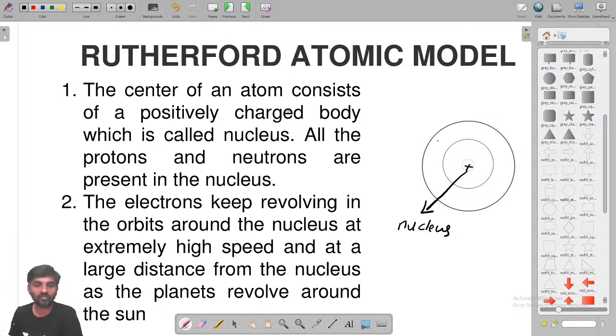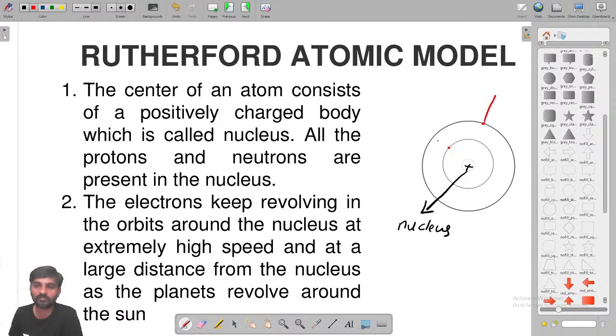And electrons revolve around the nucleus at extremely high speed. So what are they trying to do, sir? They are trying to revolve here. Understand? Let's say here you have some electron. So they'll try to revolve around the nucleus. So this is the nucleus, and these are the electrons.